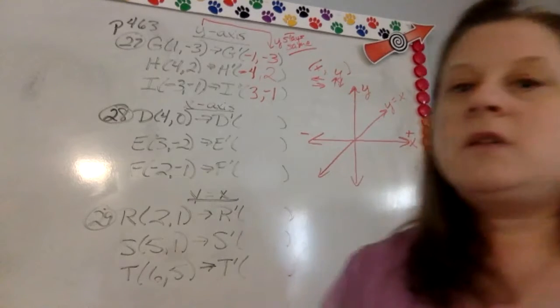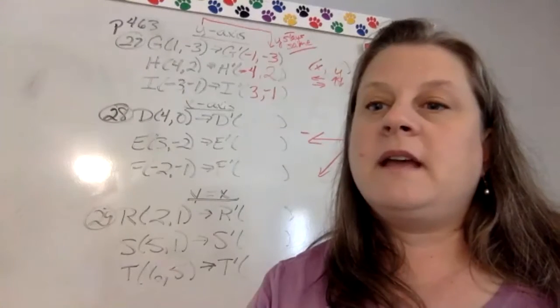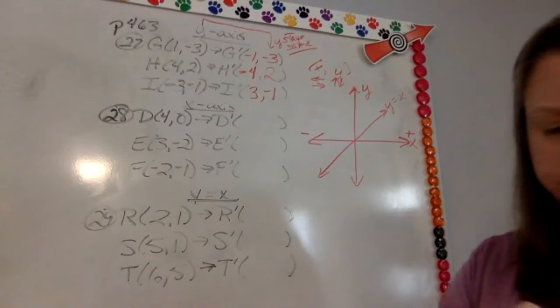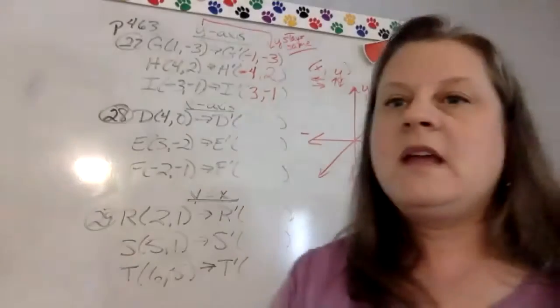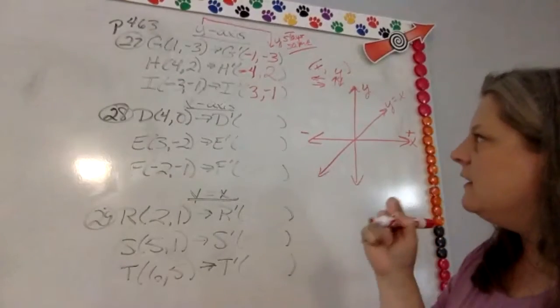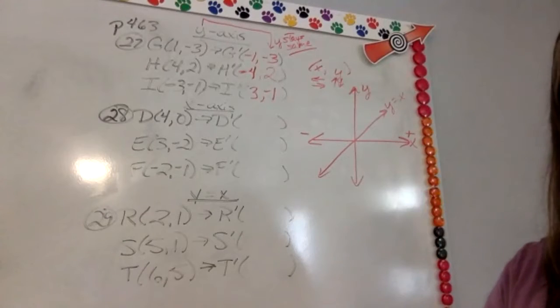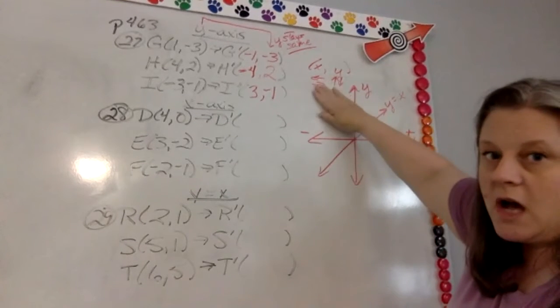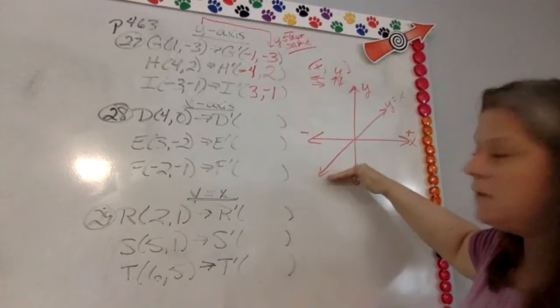Okay? So now if I'm doing the x-axis, the x's are going to stay the same. Because here's my x-axis, so that means if it's up here at the top, it's going to flip down to the bottom.